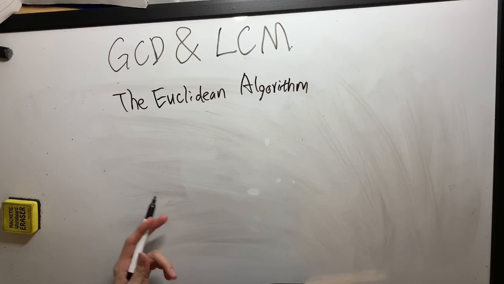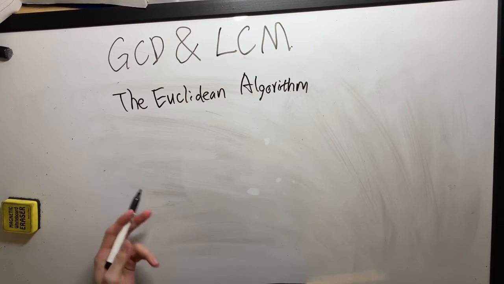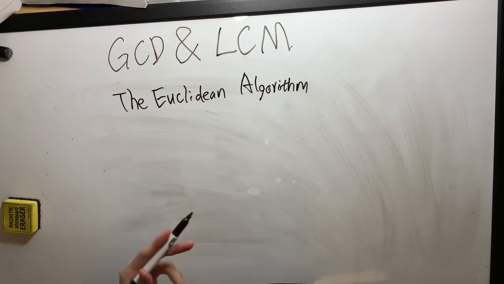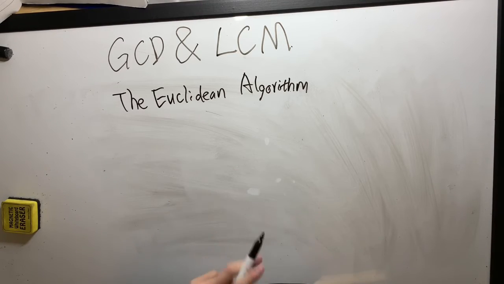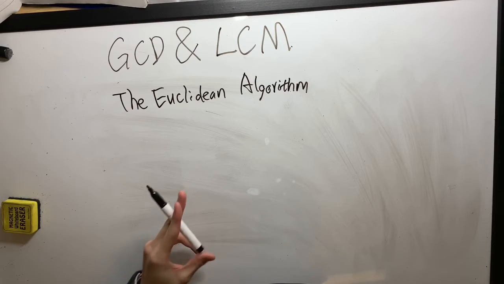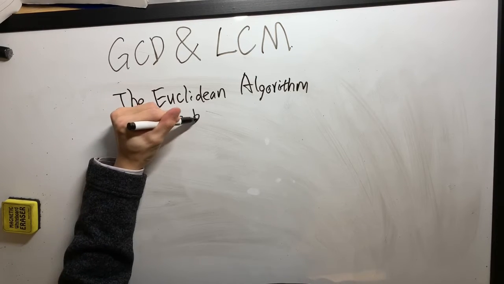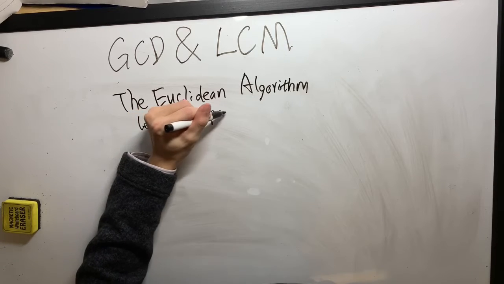Besides the propositions, there are also some important theorems that we must know. The first one is called the Euclidean algorithm. This theorem says that A bigger than B are positive integers.